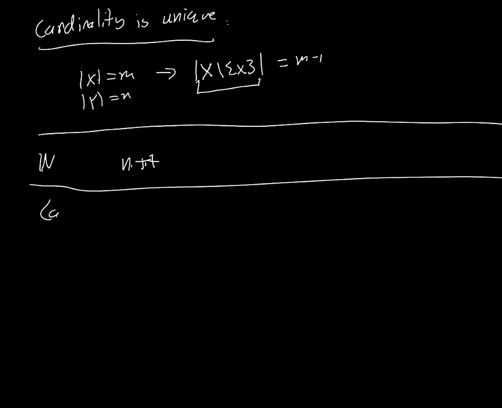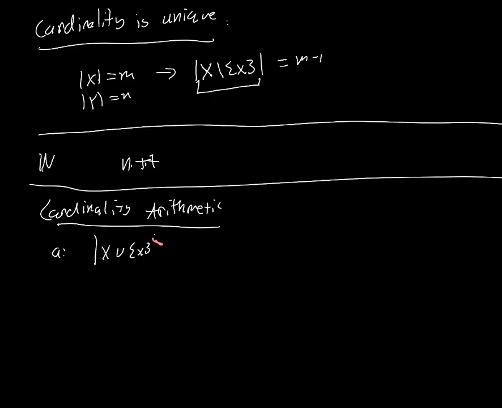Finally, let's go over cardinality arithmetic. Some of these I'm not going to go over because they're really just like combinatorics. But one is that if X is finite, we can say that the cardinality of X union {x} is equal to the cardinality of X plus 1.